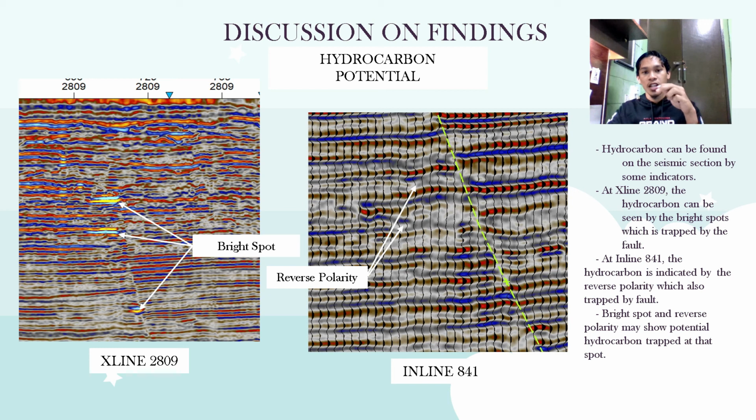The peak, then beside it suddenly reverses to the trough. That's where you can see the reverse polarity occur. This reverse polarity indicates that there is hydrocarbon potential trapped there.